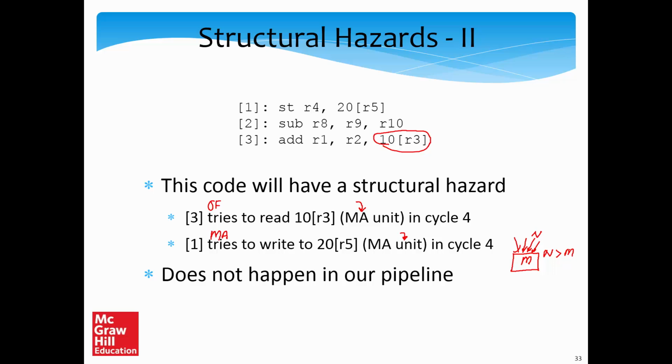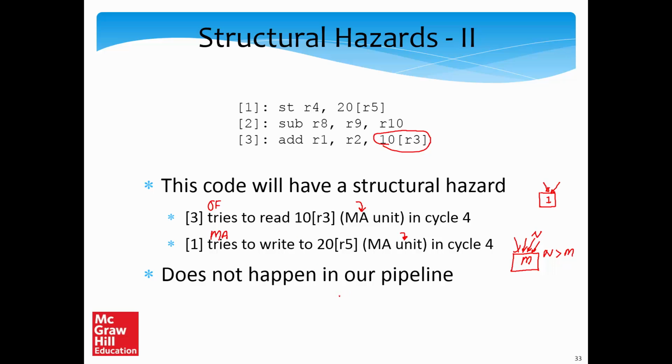In this case, the memory access unit can satisfy only one request at a time, but if two requests come, then one of them has to wait. This will not happen in our pipeline, the reason being that we have designed it in such a way that we never have resource conflicts across stages. But it can happen in many other kinds of pipelines, so it's a good concept to keep in mind.